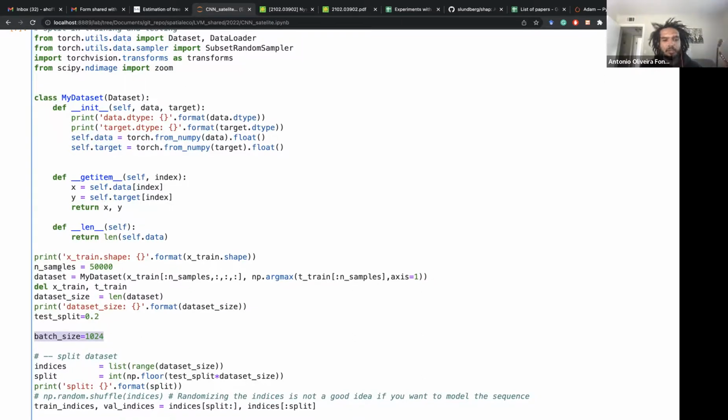I'm going to select a small portion of it just to speed up the training process. So I'm not going to use the whole 300,000, but just 50,000. Those are the samples that I'm effectively going to pass as the input. I'm going to create a data set that has 50,000 samples. So every time I select one batch from this data set, I'm going to select a subset of 1,024 samples. And that's essentially what my data set is doing.